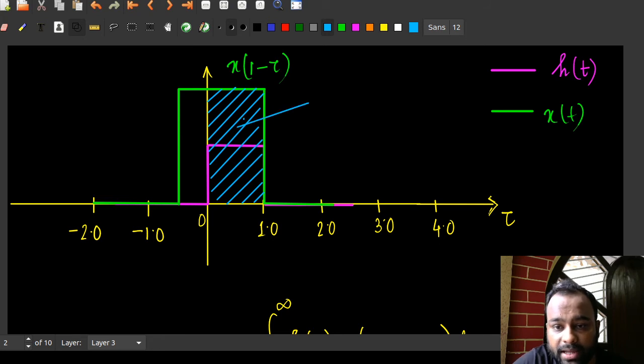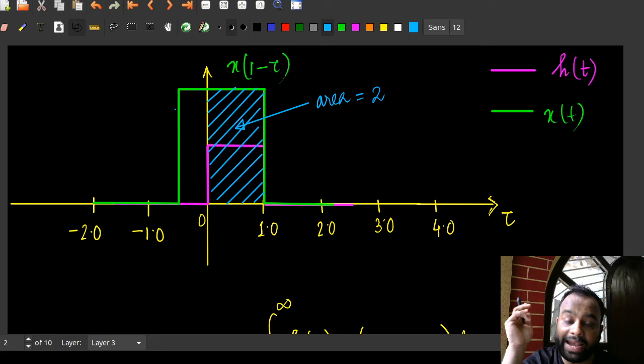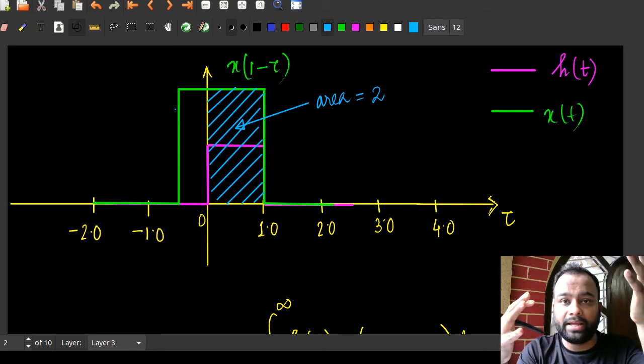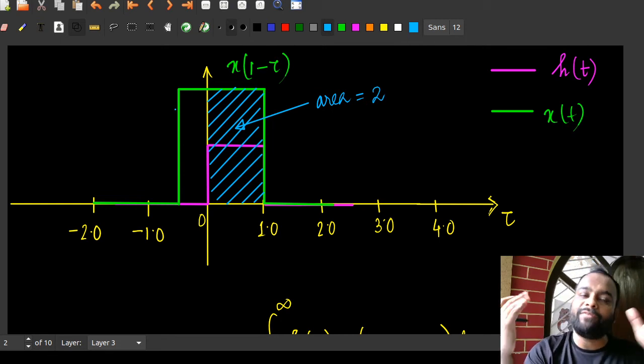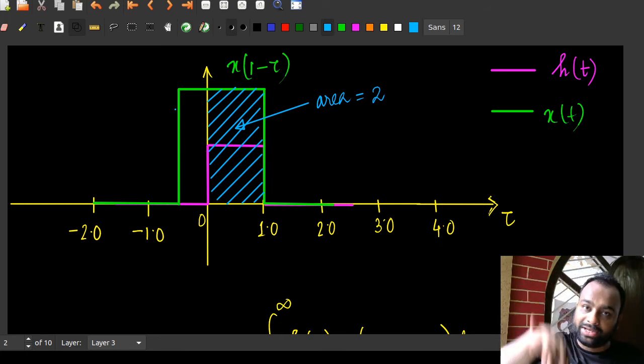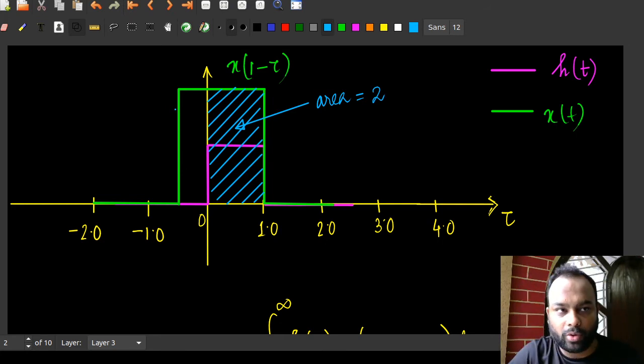So this is the area of the product. We are simply calculating the area like that just because we have rectangles. If we had anything else, we would have to multiply the signals the way you do in mathematics and then integrate everything. I'm showing you a very simple example so that you have the idea, and then you can work out problems.